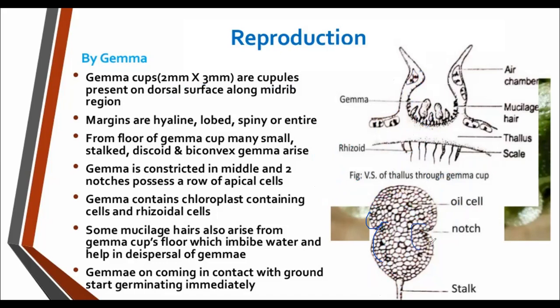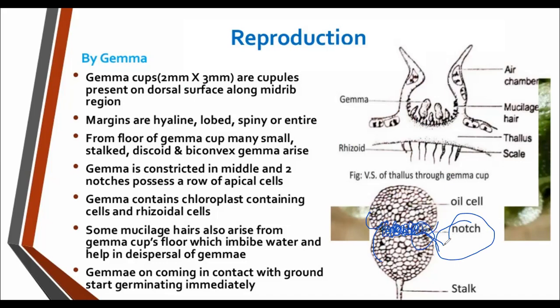This constricted region has a number of cells, and it has a thickening because of the number of cells present. It is thick in nature. This region is called the notch region. This notch region is responsible for the development of the rhizoids. These are the cells which develop the rhizoids.